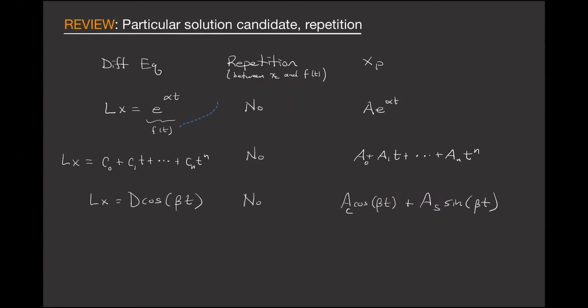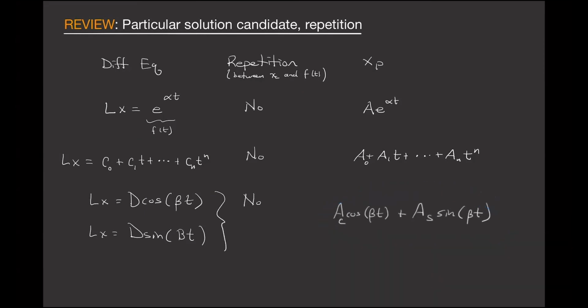So in the case where you have exponential, you have a polynomial, or you have a trig, it's exactly the same thing if you had sine. So either one would give you the same thing. You would pair both cosine and sine in your particular solution candidate. If there's no repetition, you're more or less just putting what you already have here. So if you have an exponential, your candidate is going to be an exponential.